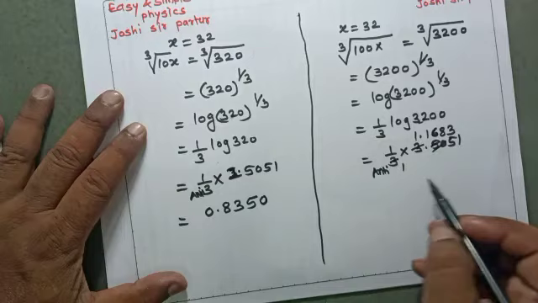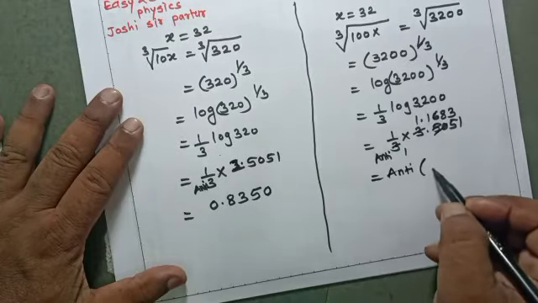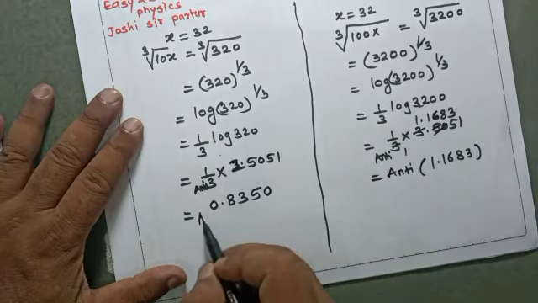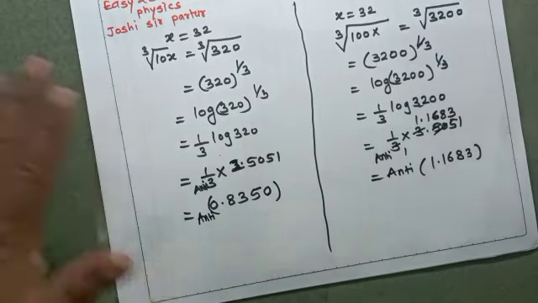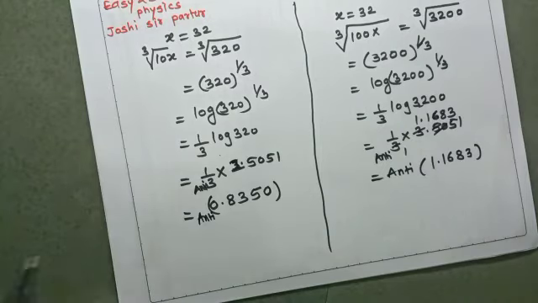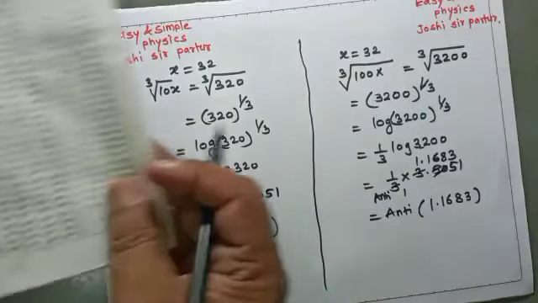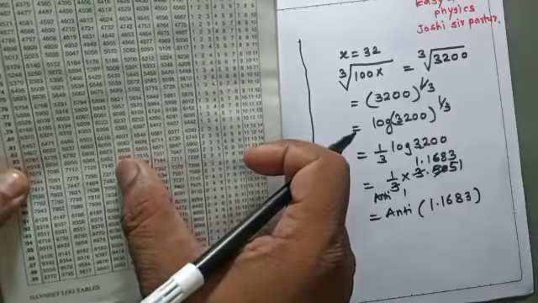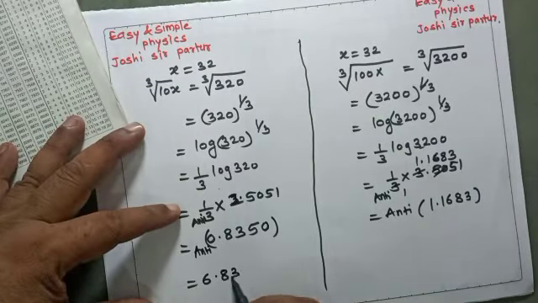So here we find the antilog of 1.1683 and the antilog of 0.8350. Both answers will be seen. 0.83 in 5, it will be 6839. So here the answer will be 6.839.